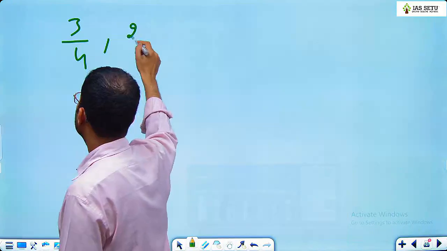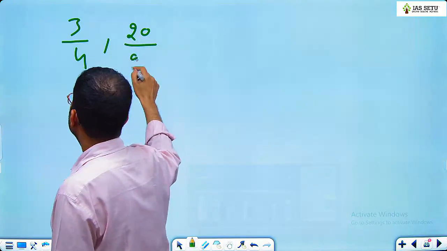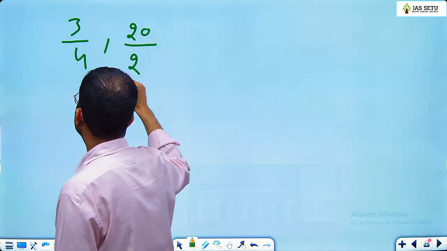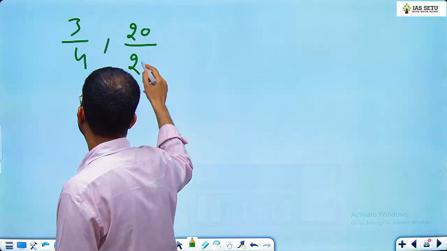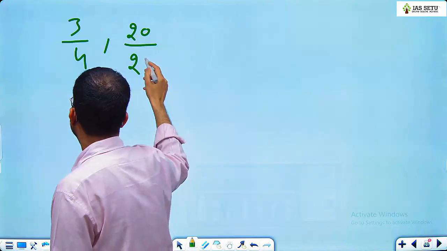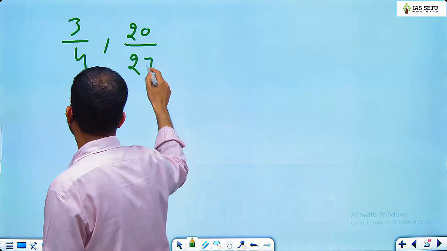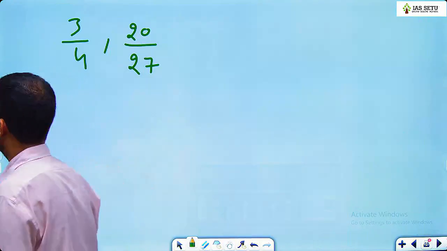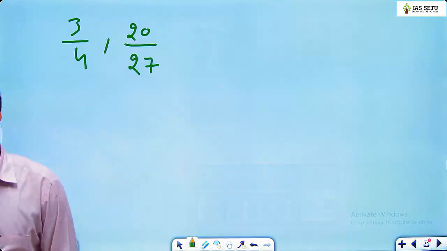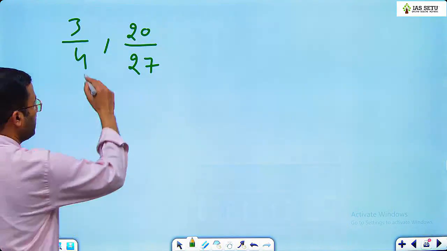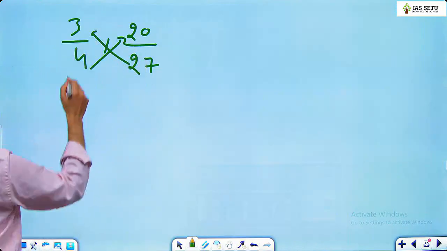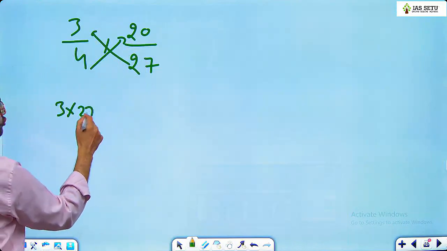I take one more example. 3/4, 20/27. We cross multiply. You take 4 other side, 27 this side. So it will be 3 into 27.